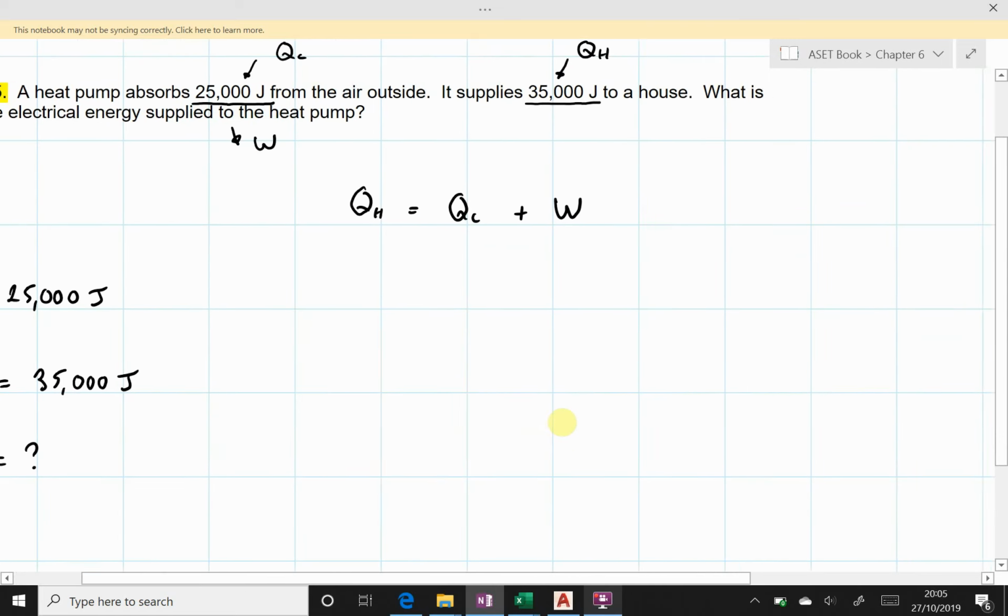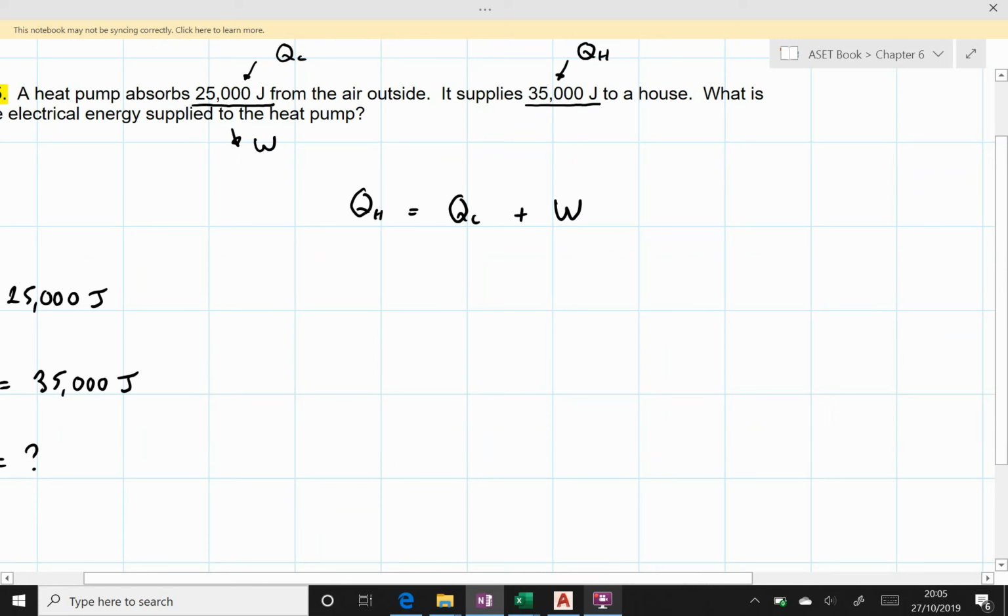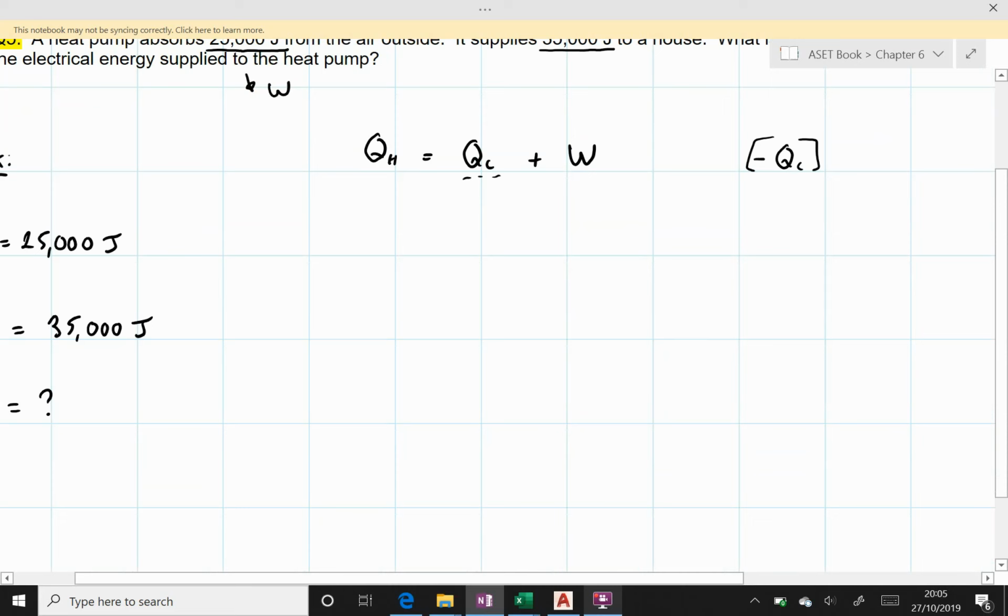And if we rearrange this particular equation, we need to get rid of QC on the right hand side of the equation. And so to do that, we're going to have to take away QC from both sides of this equation.